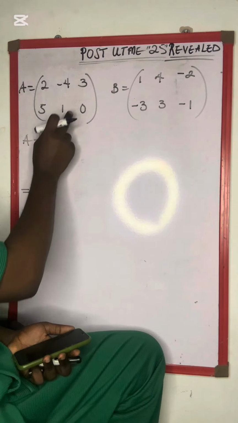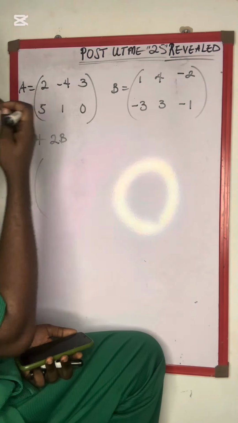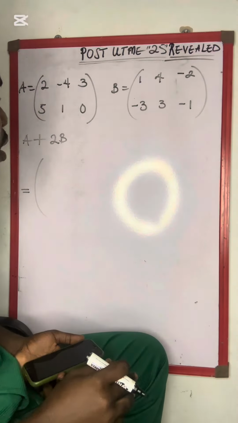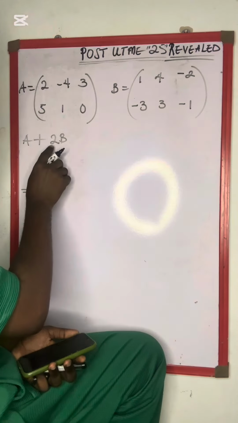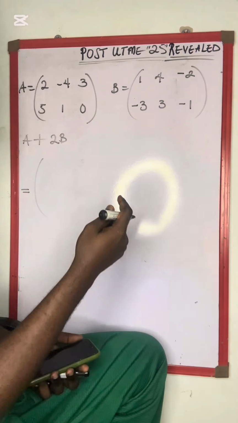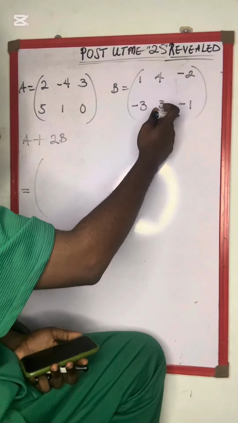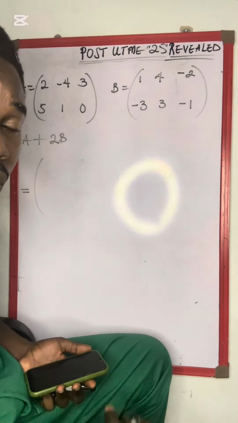We have A already, but we have to alter B because we need 2B. 2B simply means multiplying matrix B by a scalar number 2. Therefore, each element in B must increase by a factor of 2.